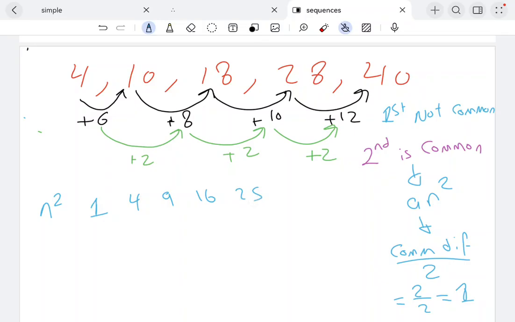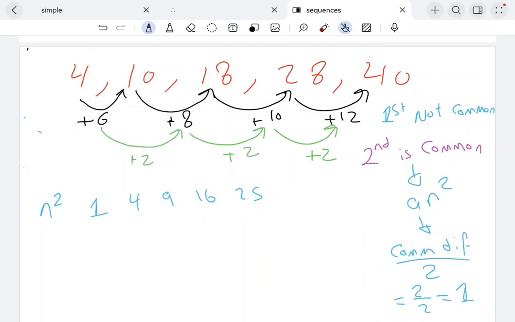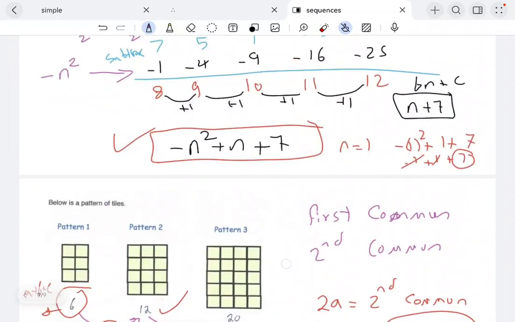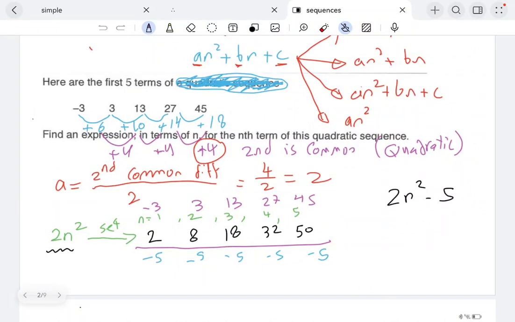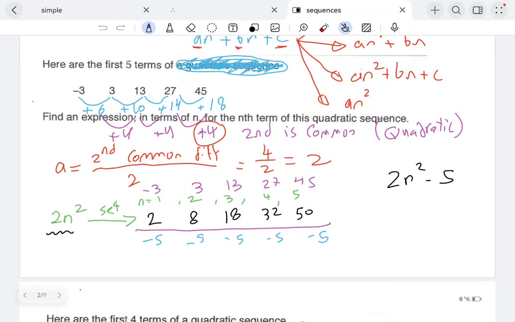And then you need to compare. Maybe it's easy, maybe it's obvious. Let me go back just to explain what I mean by it may be obvious. For example, here, when I get 2n squared, I found that it's here 2, here -3, here 8, here 3, here 18, here 13.